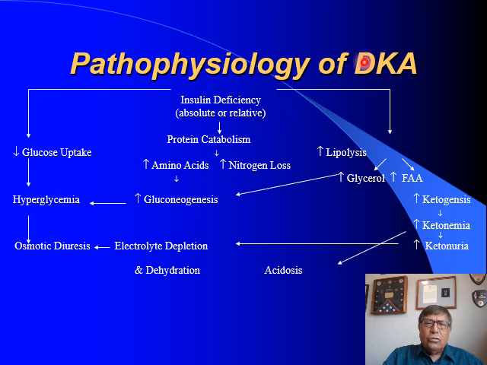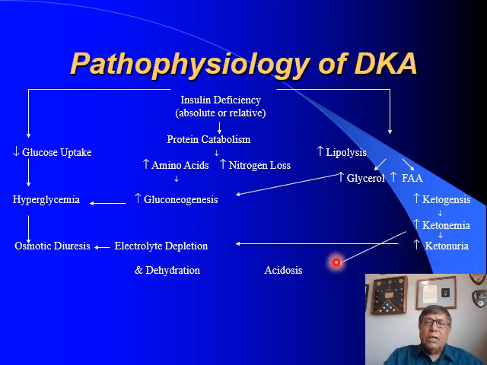Okay, so let's go to the fat metabolism side. There will be a breakdown of the fat. This all happened because of the insulin deficiency and to provide energy to the body that we so badly need at that point. So there is increased lipolysis, and it breaks into glycerol and free fatty acids, which result in increased ketogenesis, ketonemia, and ketonuria.